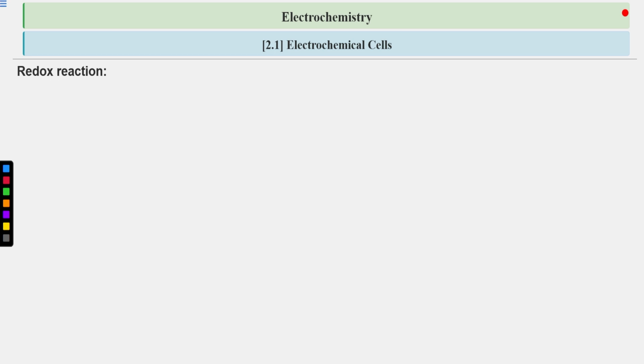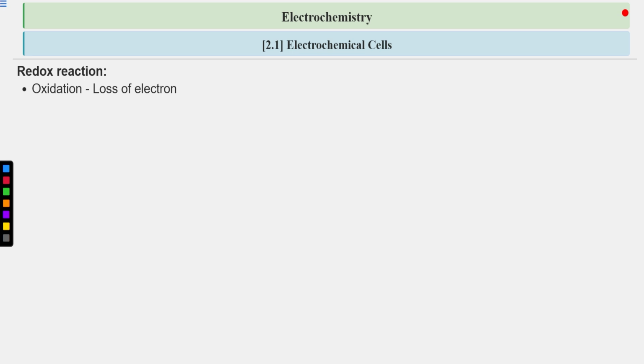So let's start first of all with our first topic, which is electrochemical cells, marked as 2.1. In this, let's first study what a redox reaction is. In the topic of redox reaction, first we have to understand what oxidation and reduction are, and how they happen.